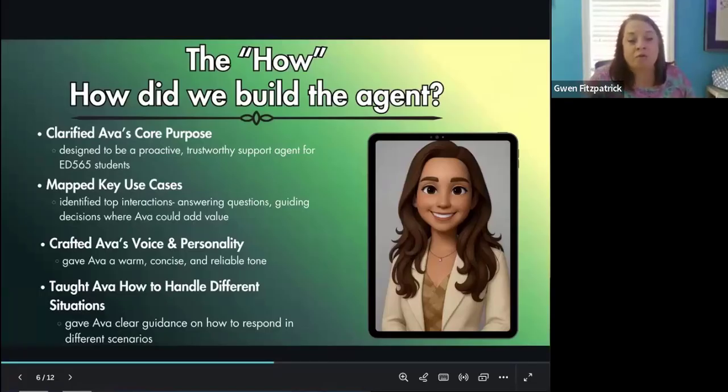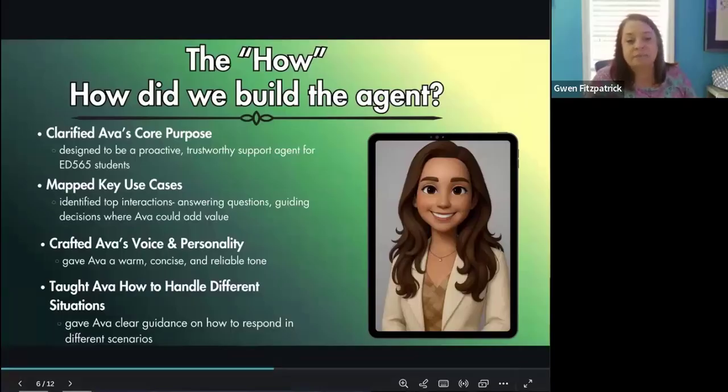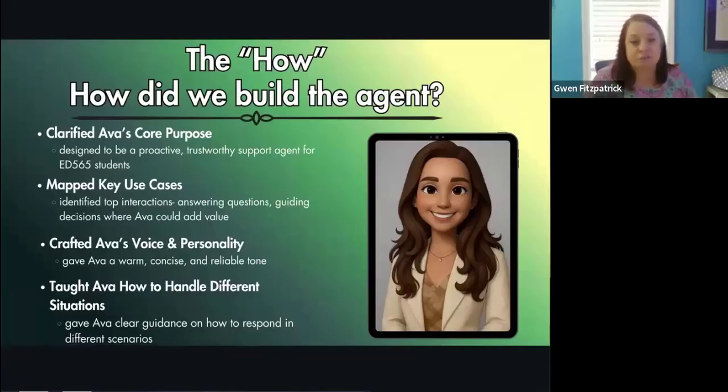Then we had to map out the key use cases. We identified what the top interactions were going to be, which were answering questions, guiding decisions where Ava could add value. I added wellness tips in there. I added study tips in there, just different things that the students could use when they asked Ava a question.